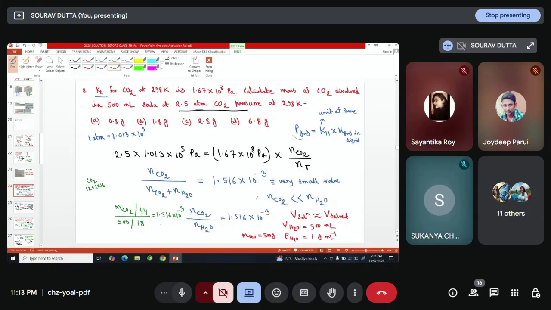If you calculate it, you will get the mass of carbon dioxide. The value is 1.8 gram. Answer is option B, 1.8 gram.